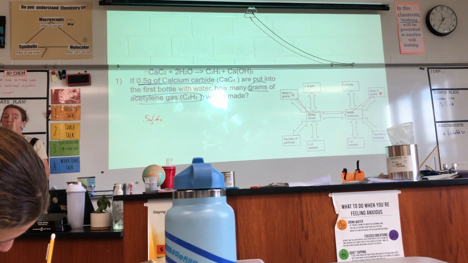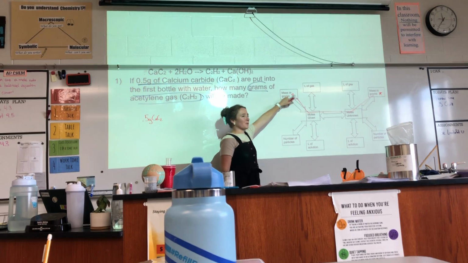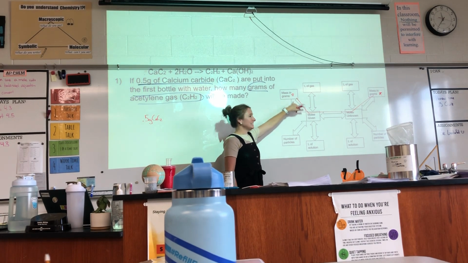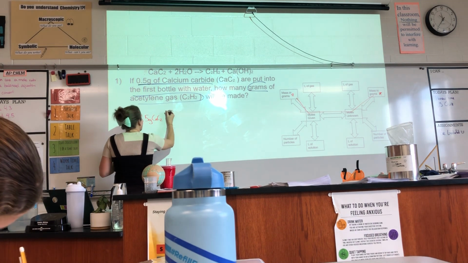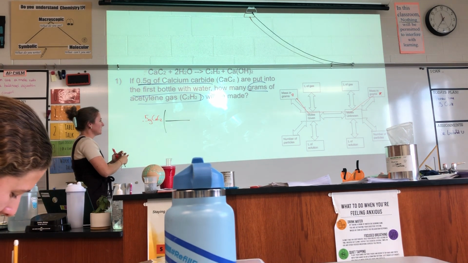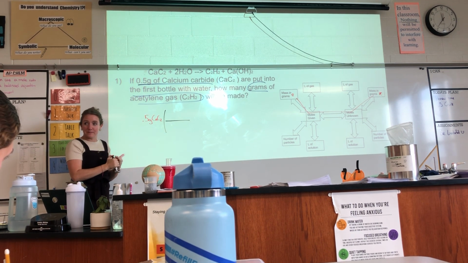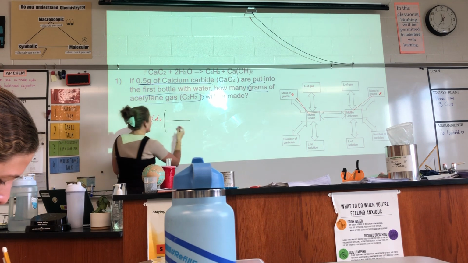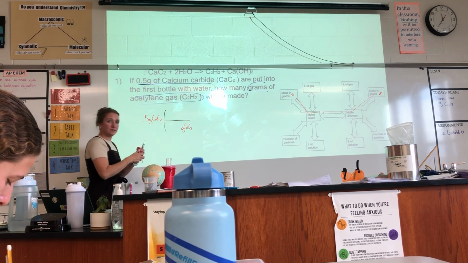Now, take it one step at a time. The first step is to go from grams of this substance to moles of this substance. The unit on the bottom should be the place you're leaving on your map. So I'm leaving grams of CaC2.